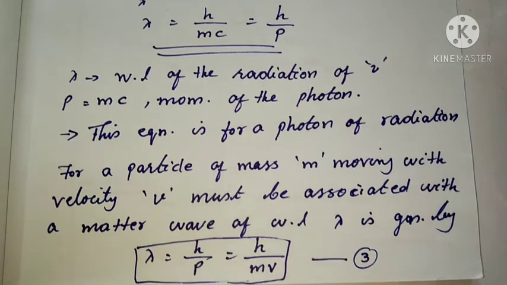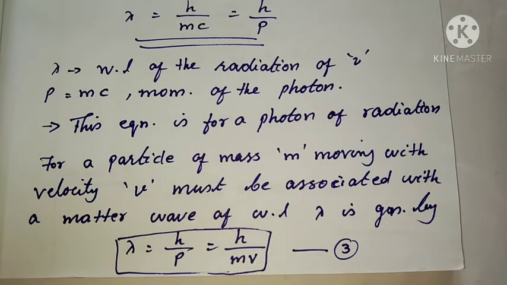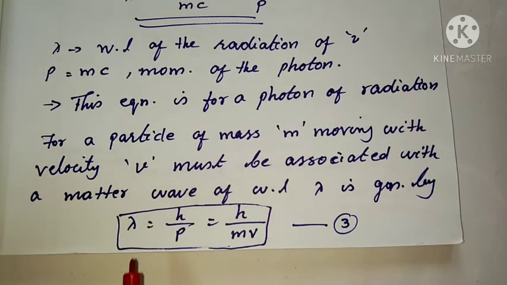Next, if you consider a particle of mass m moving with velocity v, then its associated wavelength is lambda equal to h by p, that is equal to h by mv. So this equation represents the wavelength of a particle, the matter wave.